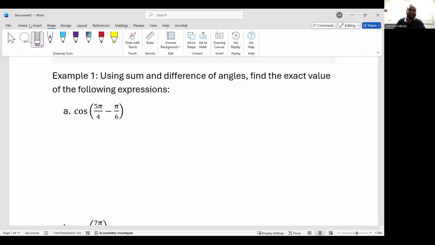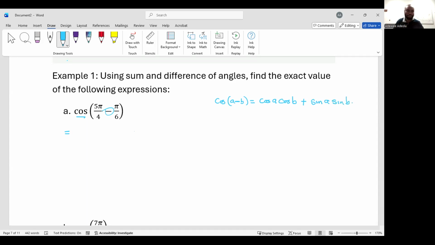Okay, let us continue. Now, in this case, this is cosine, and here is negative. Let me remind you, when we are taking cosine of something like this, what I need to do is write cosine of my first angle times cosine of my second angle plus, because this is minus, plus sine of my first angle times sine of my second angle.